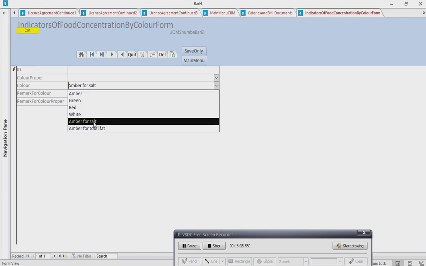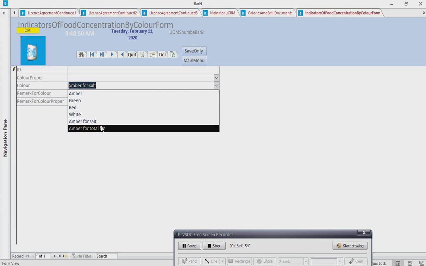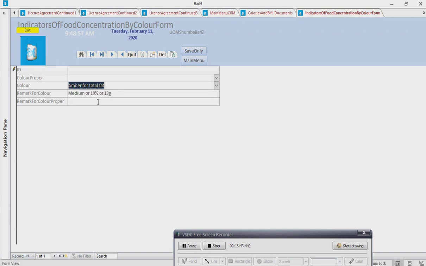If it's amber for salt, it's medium, or 12%, or 0.7 grams. Amber for total fat is medium, or 19%, or 13 grams.